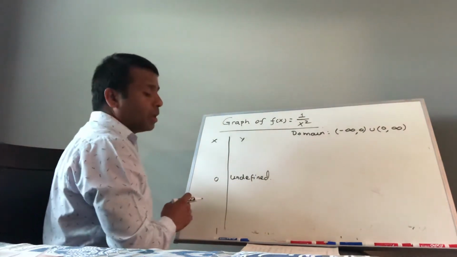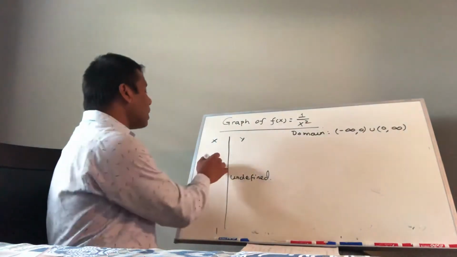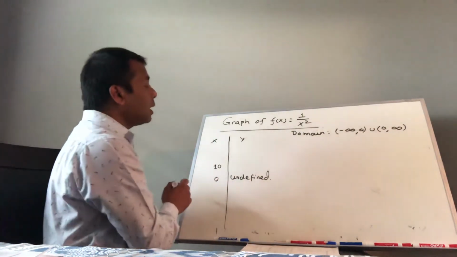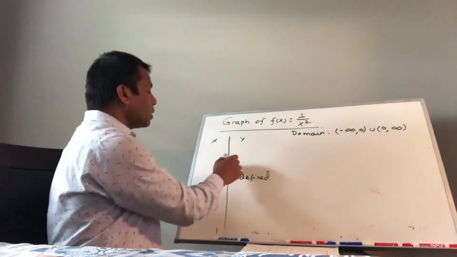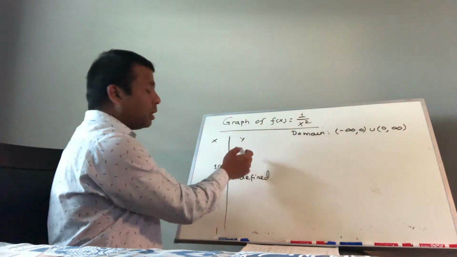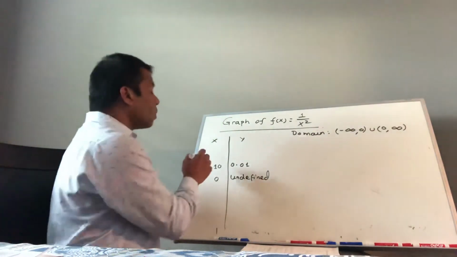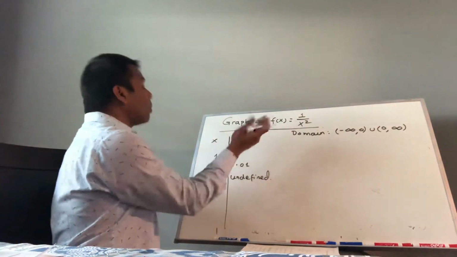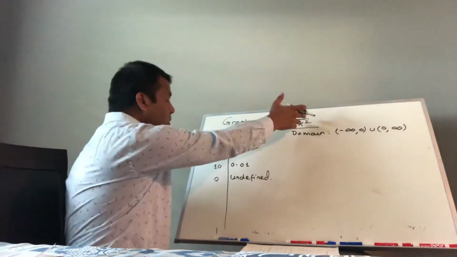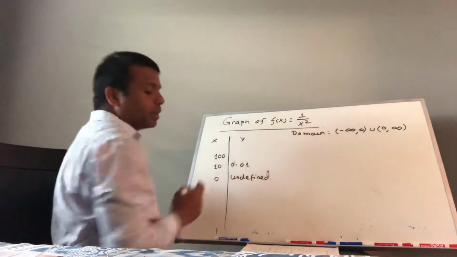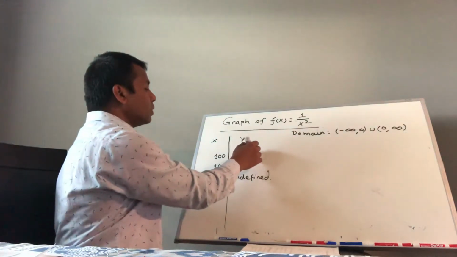And if I plug in x equal to 10, you see that y equals 1 over 10 squared, which is 0.01, right? And if I plug in x equal to 100, then my y value will be 1 over 100 squared, which is 0.0001.